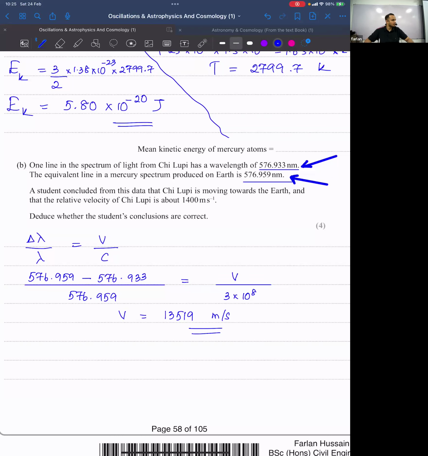Okay, so write the conclusion. The star is moving towards the Earth at a velocity of 13,500 meters per second, or 13,590 meters per second.